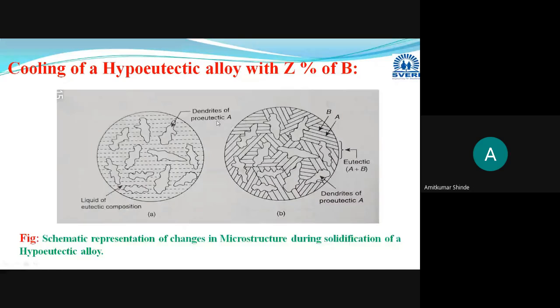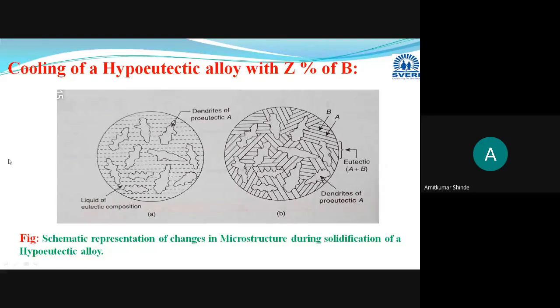This is proeutectic A, and this liquid will get transformed to the mixture of two solids A and B. So these are the total microstructural changes occurring during the cooling of a hypoeutectic alloy with Z% of B.